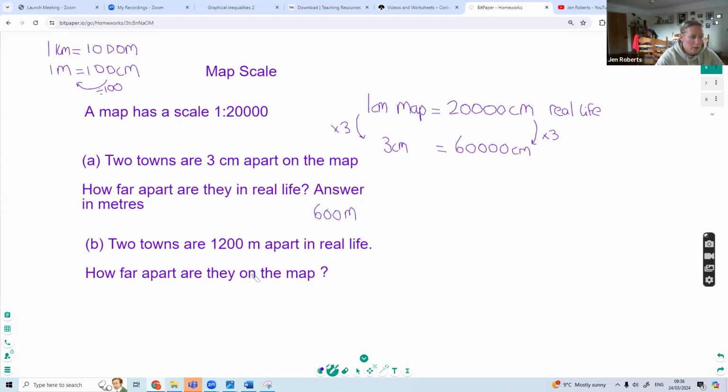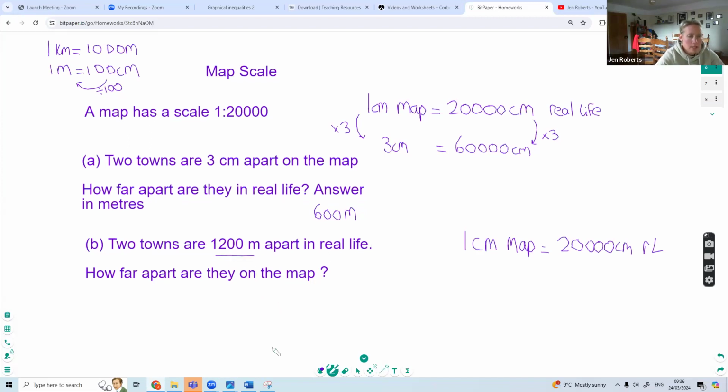Okay, it says 2 towns are 1,200 metres apart in real life. How far apart are they on the map? Let me write my conversion again. 1 centimetre on the map, 20,000 centimetres real life. Now, we need to get our units consistent first.